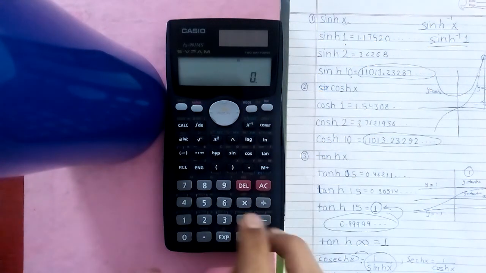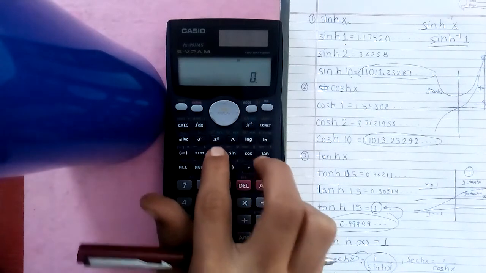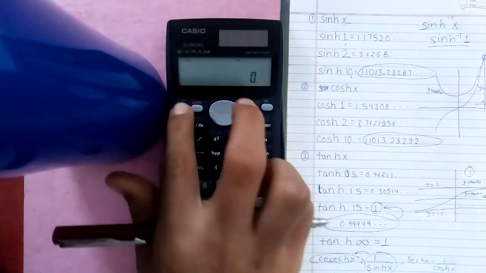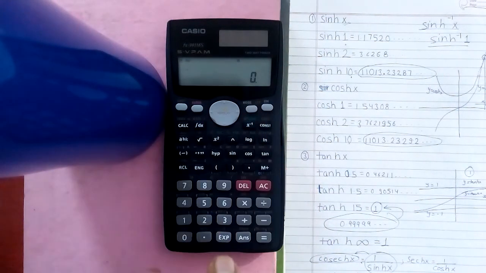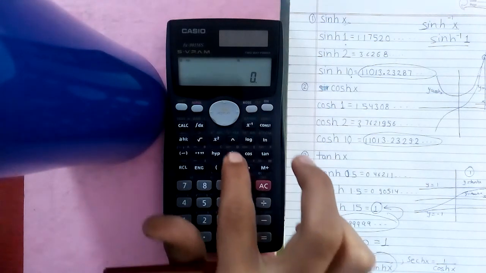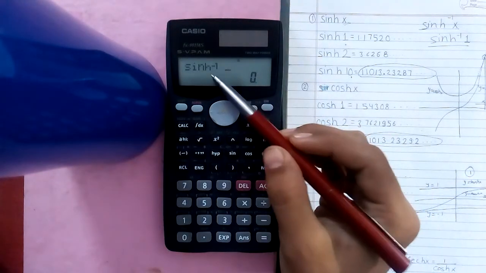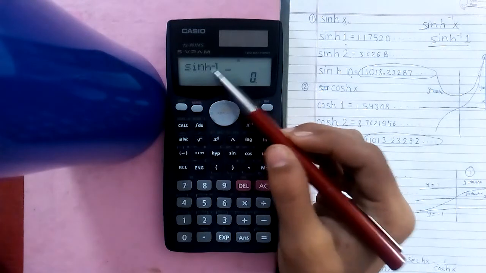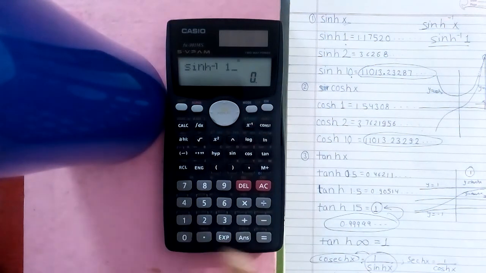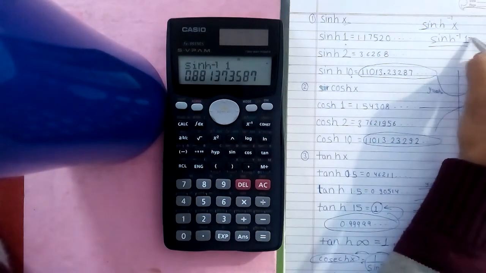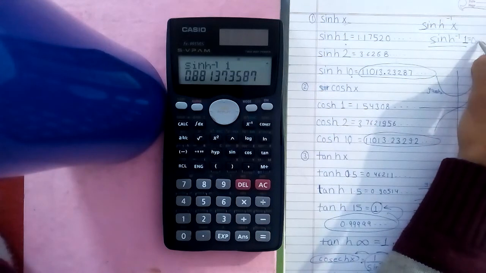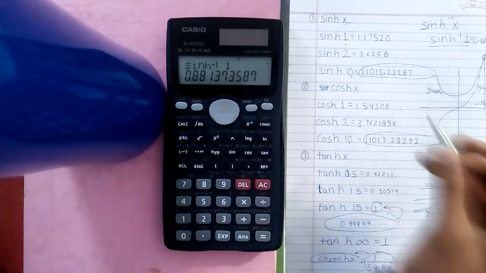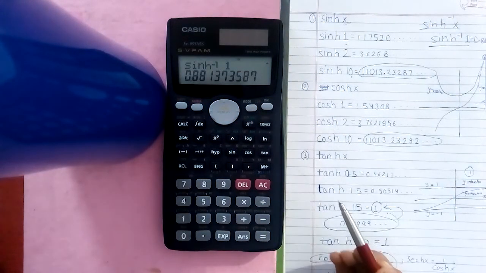You will first write HYP button, then push the shift button right here, and then press sinh button. You'll automatically get sinh inverse function right here, and then you can type 1. What you will get is equals to 0.88 and so on.